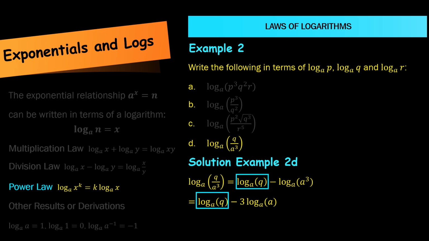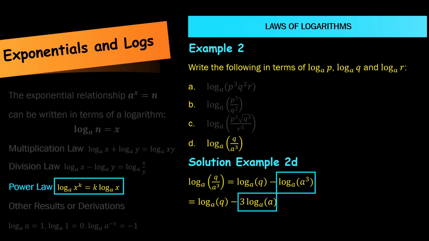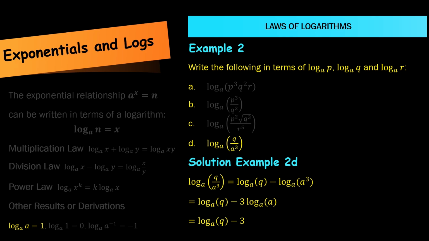So log q base a stays as it is, and log a cubed base a becomes 3 log a base a. However, we know that log a base a is equal to 1, so let's tidy up. Log q base a stays as it is, and 3 log a base a simply becomes 3.